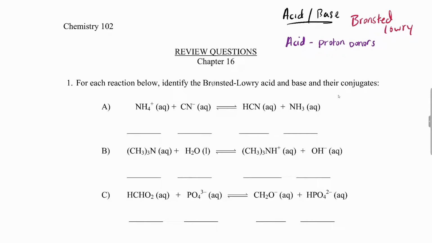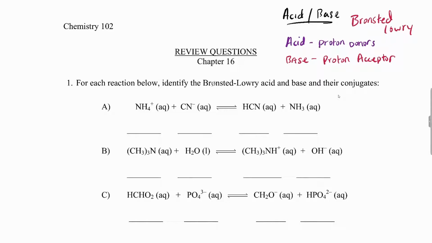On the flip side, we say that a base would be a proton acceptor. This is a novel concept for most of you. Before, we defined an acid and a base through its ability to produce H+ in solution. That was our definition in Chem 101. The acid definition is still pretty consistent with that.